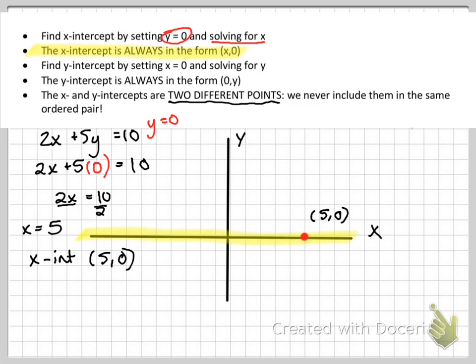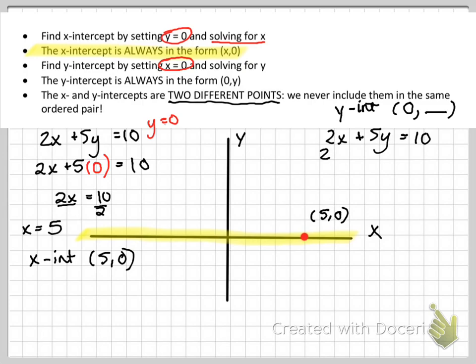So I'm going to do my work for my y-intercept over here on this other side. Our guide here tells us if we want to find the y-intercept, now we have to set x equal to 0. And that means that our y-intercept is going to be in the form (0, something), and we have to do a little bit of work to find that something. So again, we start with our original equation, 2x + 5y = 10.